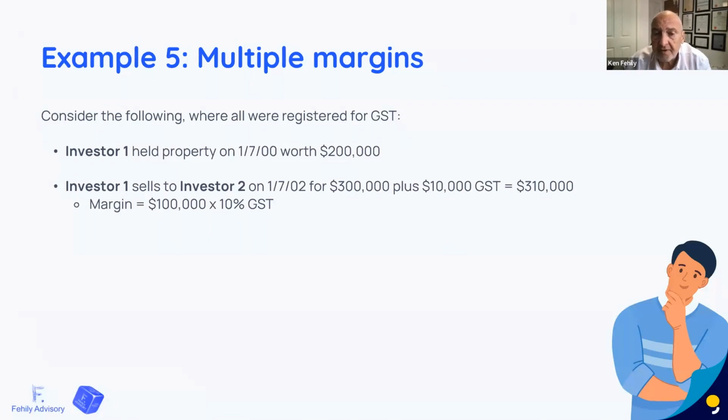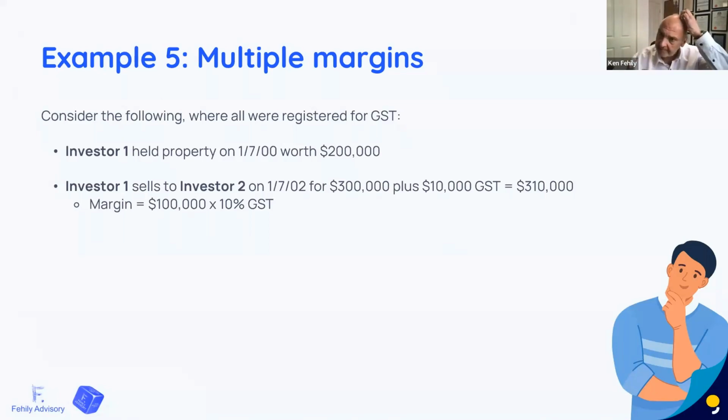Since it was worth $200,000 on 1 July and sold 2 years later for $300,000, the margin was $100,000. The GST on the margin is $10,000, so he sells it for $300,000 plus the $10,000 GST, which equals $310,000.